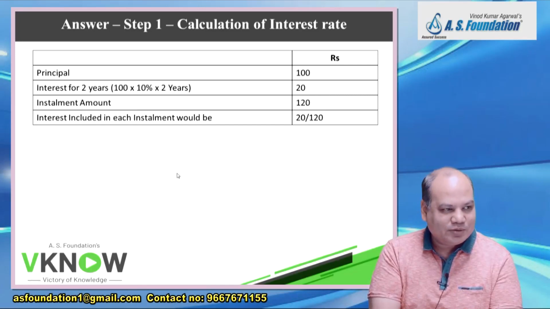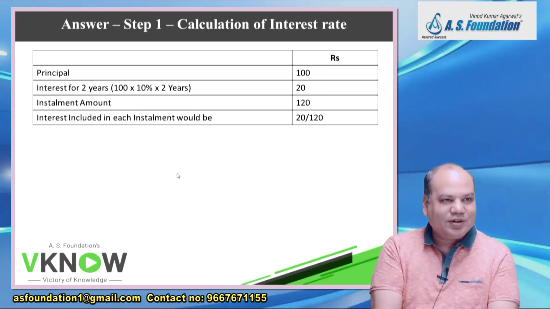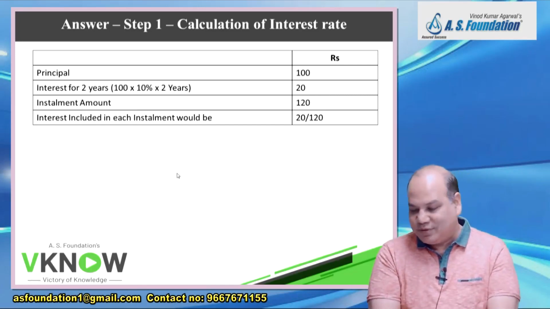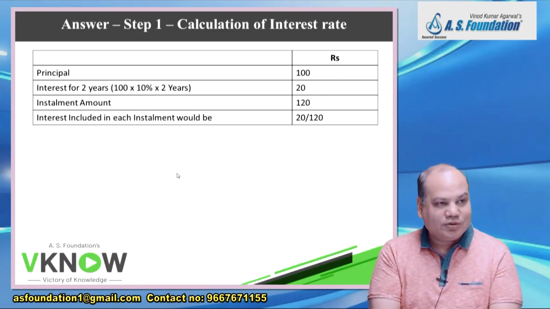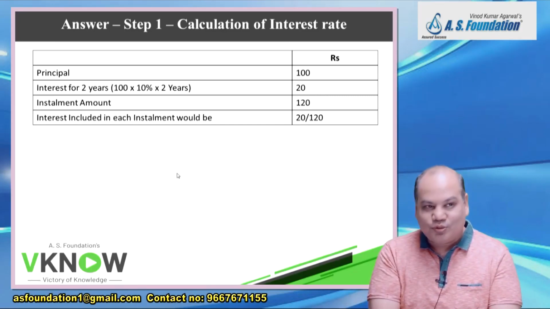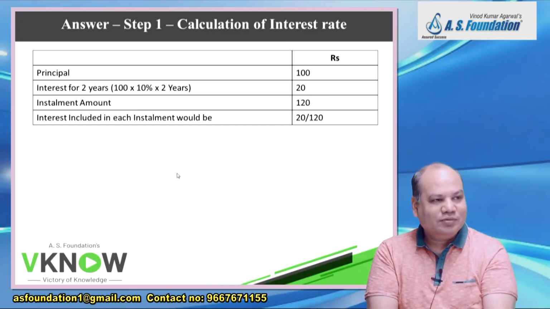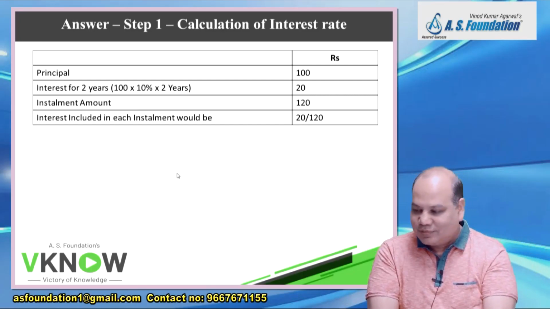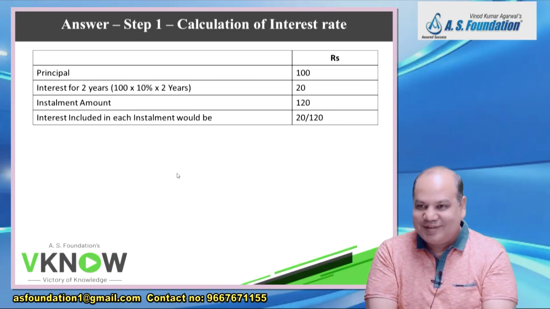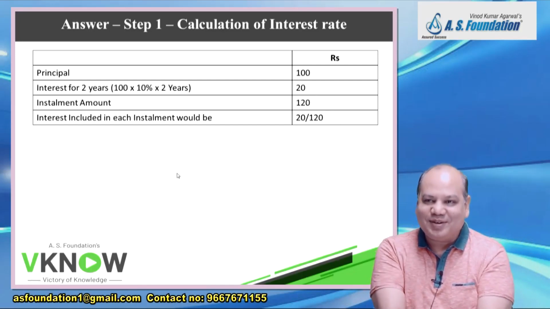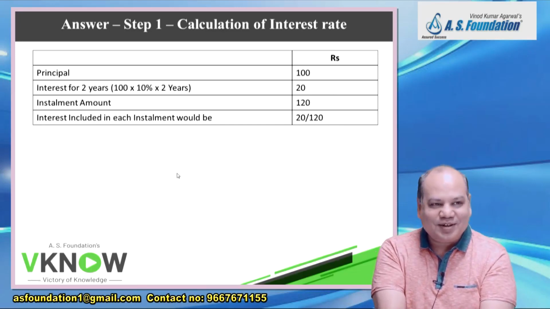Assume 100 rupees. If principal is 100 rupees, then what will be the interest for 2 years? Interest for 2 years: 100 into 10% into 2 years. How much is the interest? 20. Therefore, installment amount will be 100 plus 20, 120.